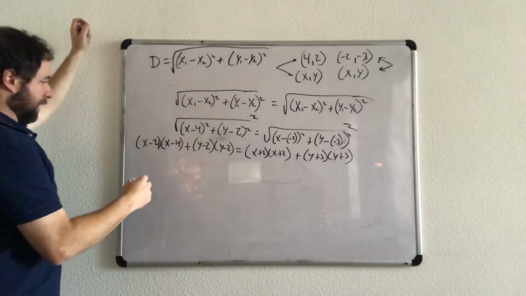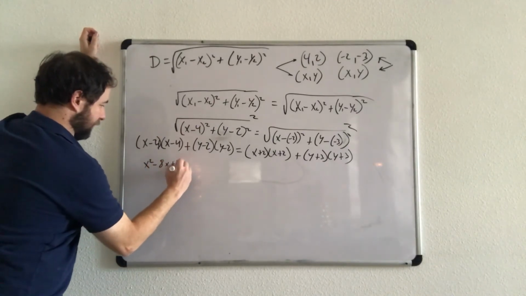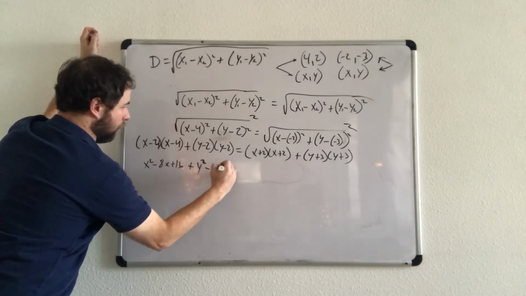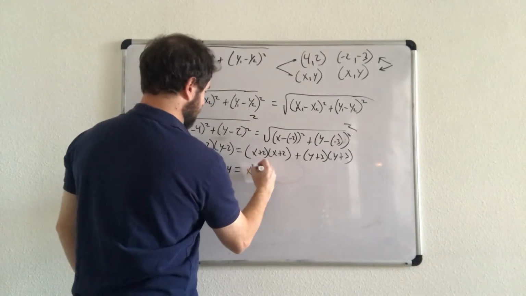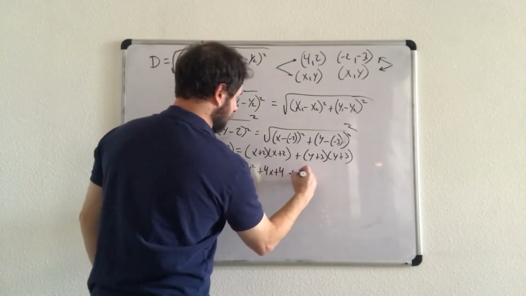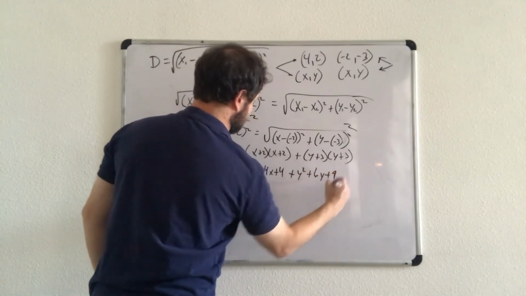Okay, when you multiply this one out, you get x squared minus 8x plus 16, plus y squared minus 4y plus 4, equals x squared plus 4x plus 4 plus y squared plus 6y plus 9.